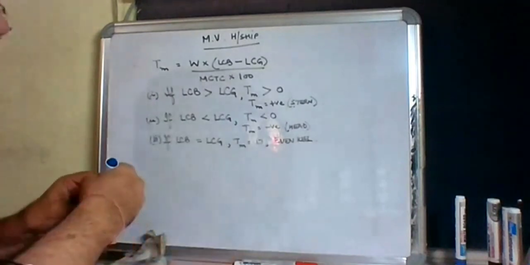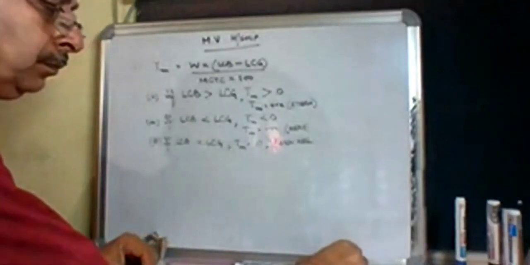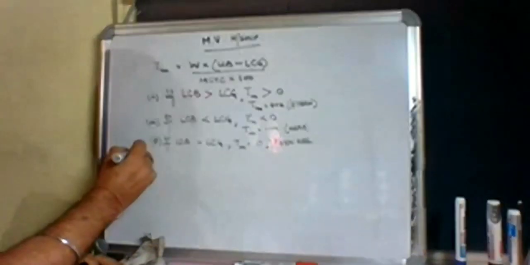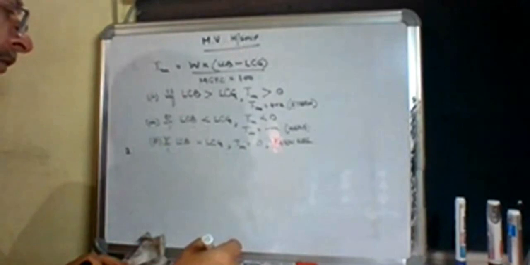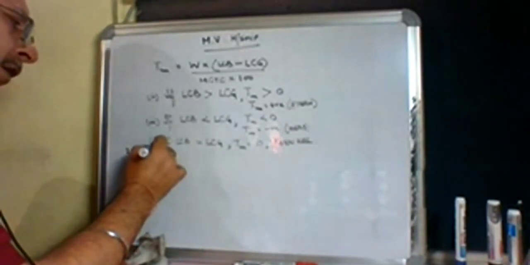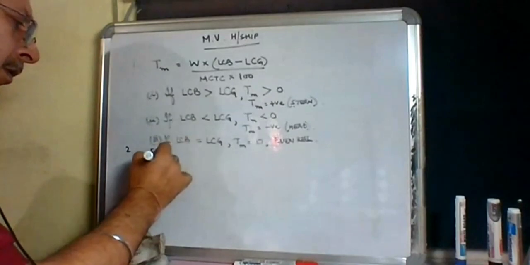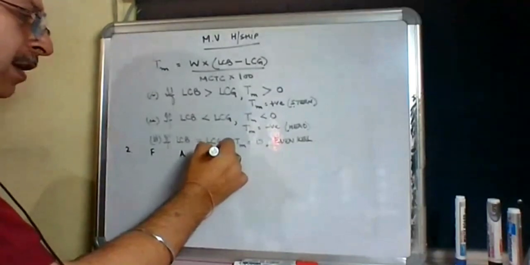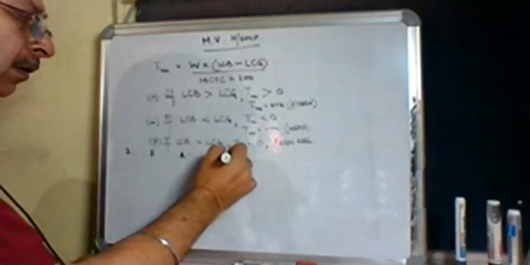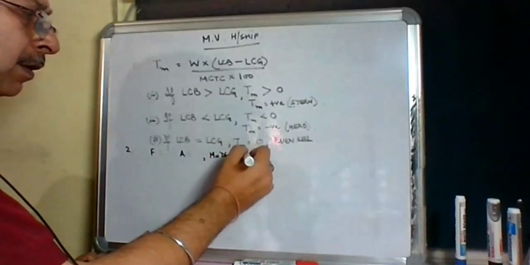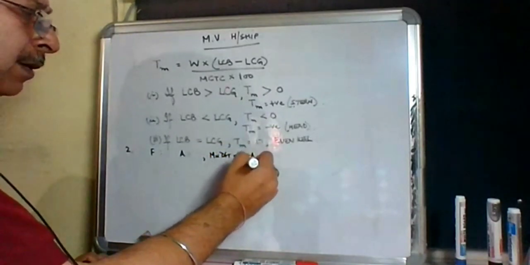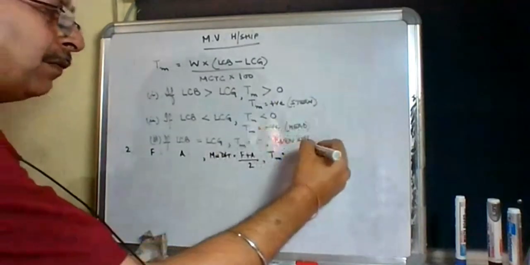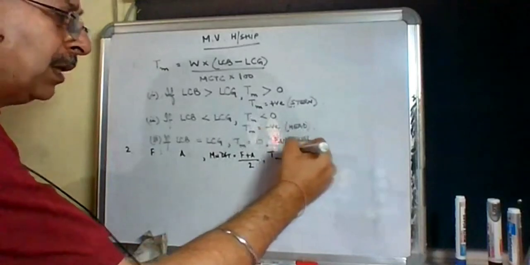So if I am given forward draft and aft draft, then I can find out the mean draft, which will be forward plus aft divided by 2. I do also know the trim. For this mean draft, I can calculate the LCF from the hydrostatic tables.